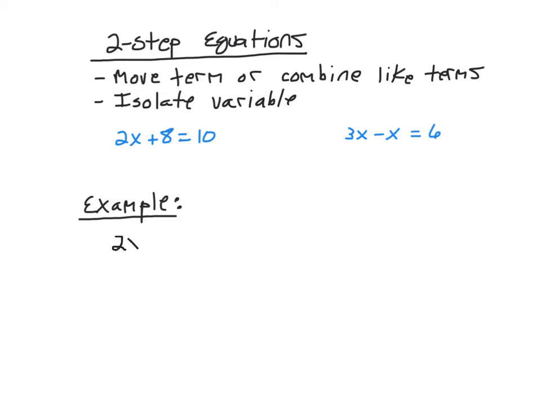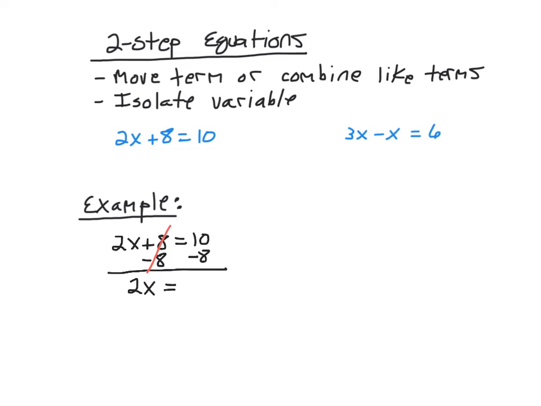So I've got 2x plus 8 equals 10. Step 1, I'm going to move this plus 8 to the other side, and to move it I do the opposite. The opposite of plus 8 is minus 8. That turns it to 0 on this side, and I'm left with just 2x.